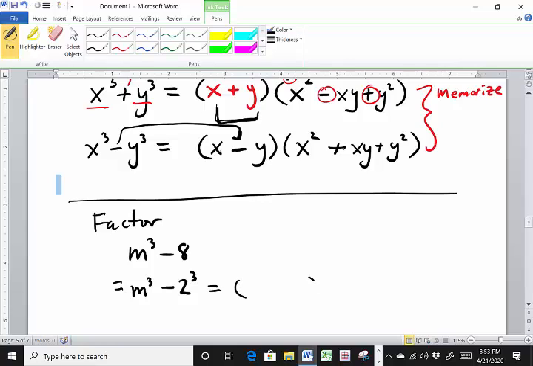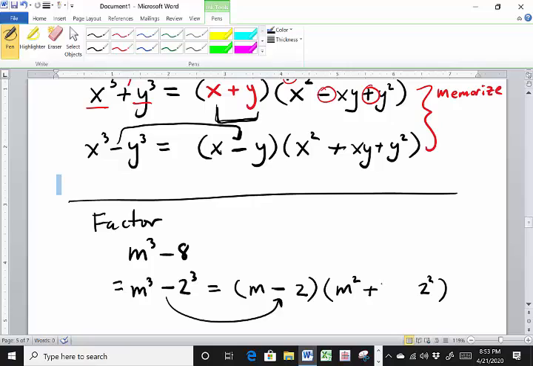So remember, that's going to be the binomial. So it's going to be an m and a 2. And the minus sign goes here. Right? Then we have a trinomial, so it's going to be an m squared. And it's going to be 2 squared. Okay? And then remember, the negative in the m minus 2 means that these are all going to be positive. So it's going to be a positive, and then the 2 times the m, right?